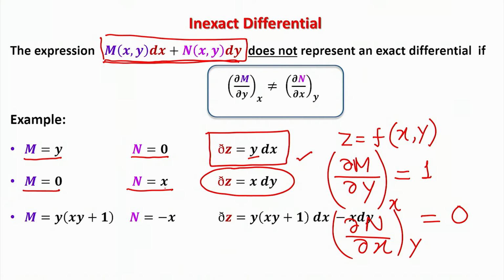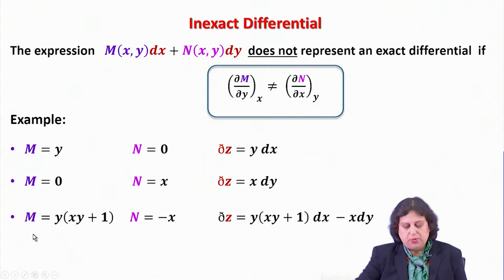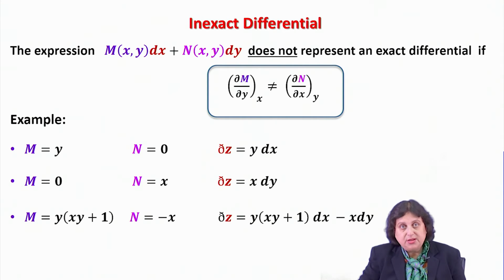Similarly, there is another example that I have taken where I have defined another differential dz that in this particular case is a little more complicated one, but still it is possible to find out the m and n values, and then if you do the little bit of algebra required here, you will see that ∂m/∂y at constant x is not equal to ∂n/∂x at constant y.